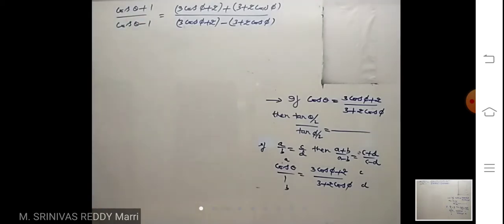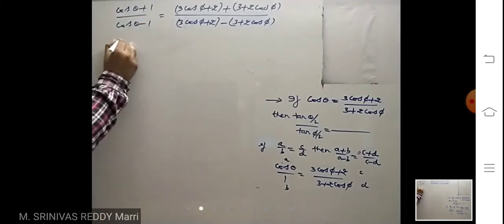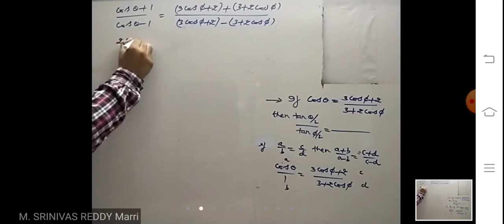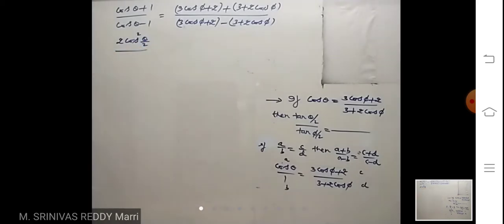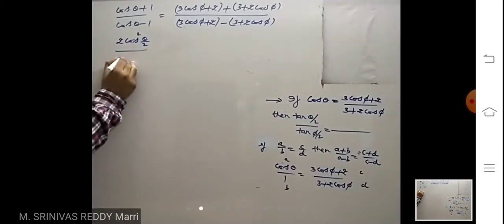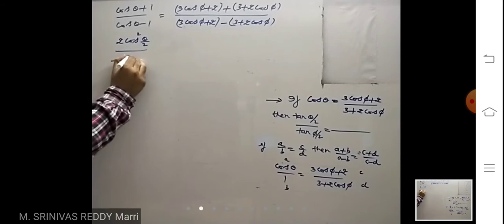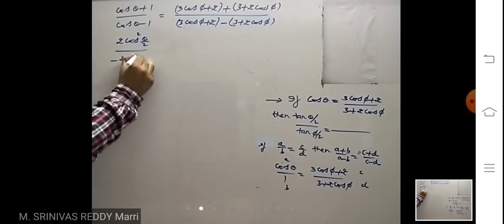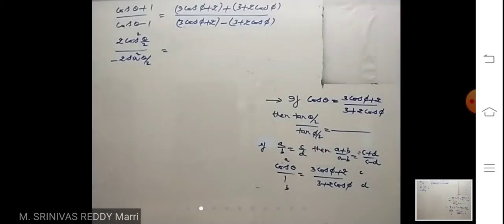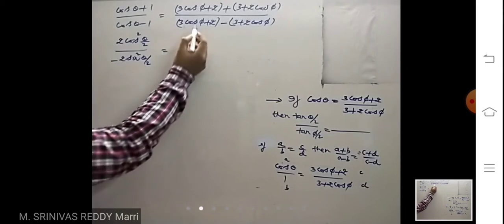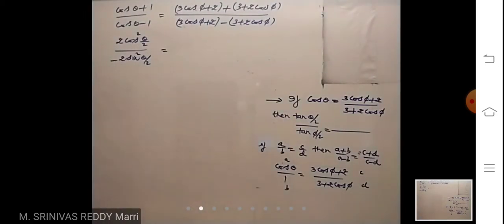Look at here, you know 1 plus cos theta is what? 2 cos square theta by 2, divided by, taking minus common, minus of 1 minus cos theta, which is 2 sin square theta by 2. Now look at here, 3 cos phi plus 2 cos phi, 3 plus 2, 5.